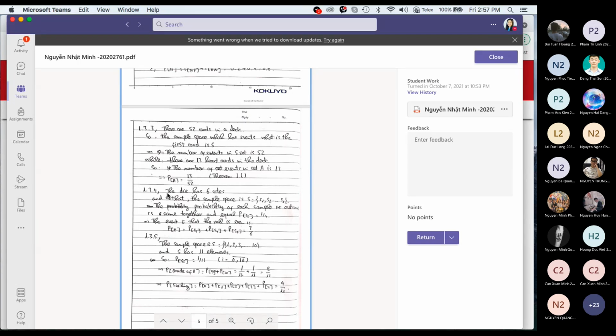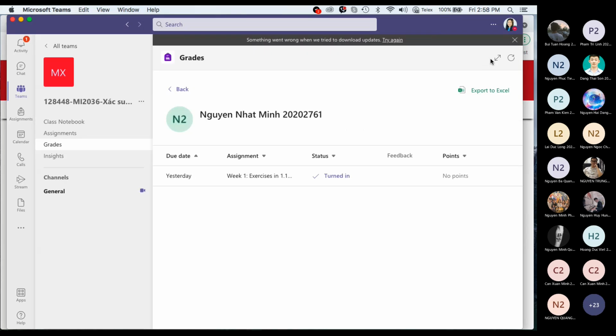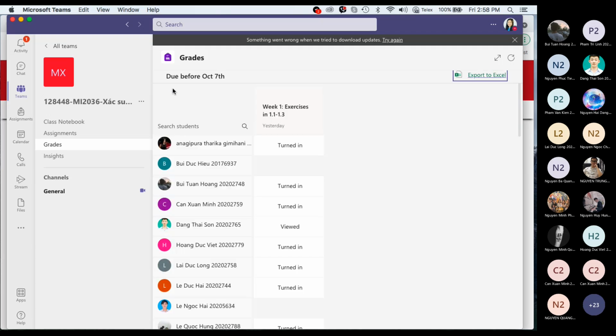Do you have the same solution, the probability of event A, that the first card is a heart? So it equals 13 over 52. Okay. If you don't have any comment, we continue to check another student.